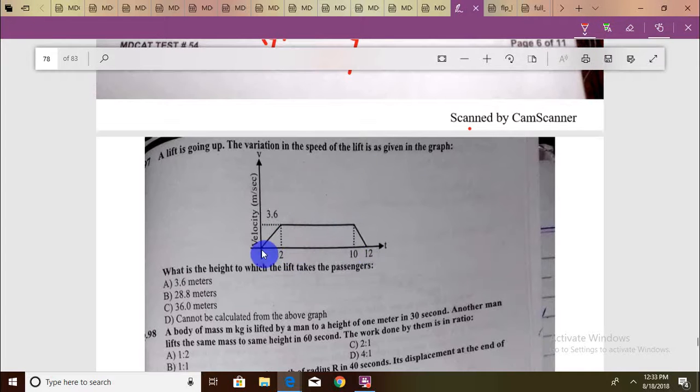So if we take this into account, we can do this separately. First the triangle: 2 into 3.6 divided by 2, so that's just 3.6. Then 10 minus 2 is 8, and this time it's 8 into 3.6, or 8 into 36 over 10 for ease.